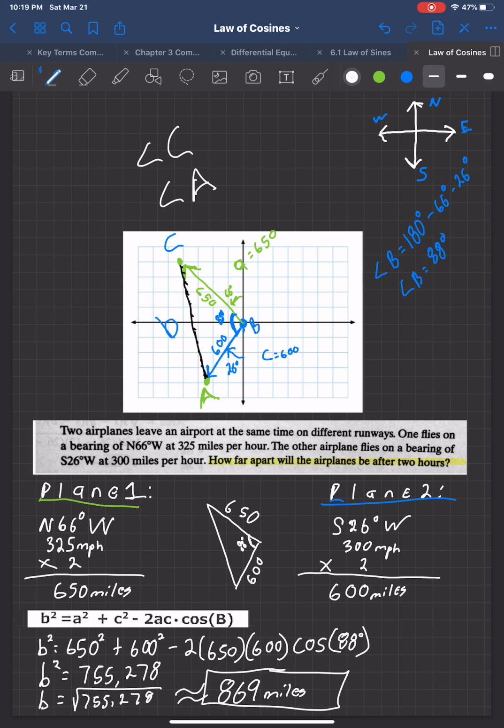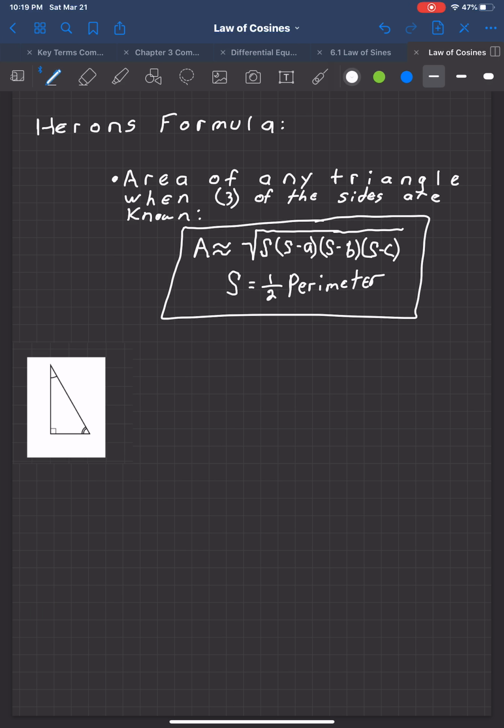All right. Last piece of information that we need for this section. I think this is easy. You're going to like this. This is a very old formula. This is Heron's formula, and I couldn't tell you a lot about this mathematician of antiquity.